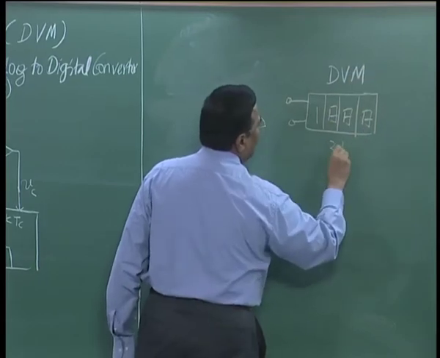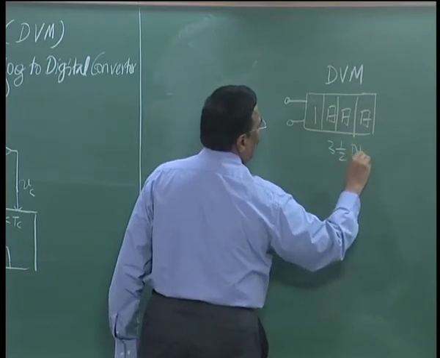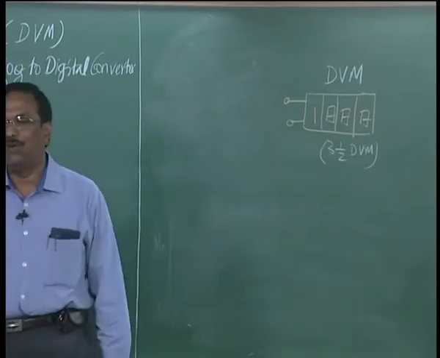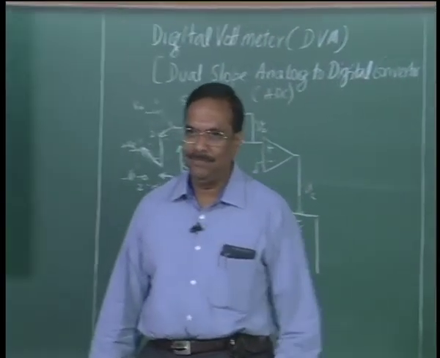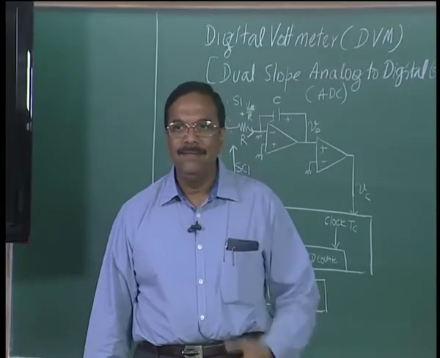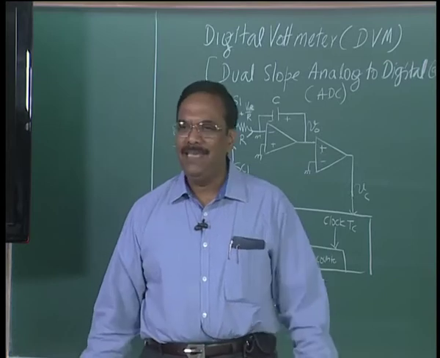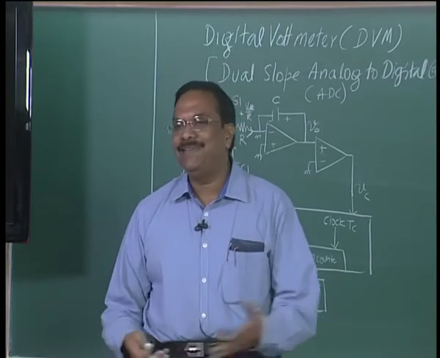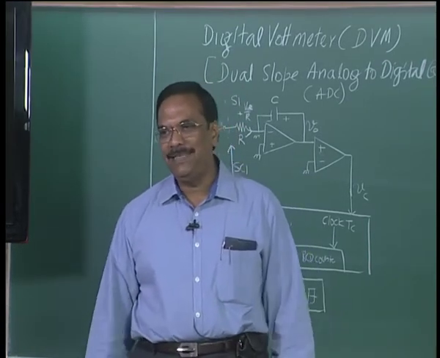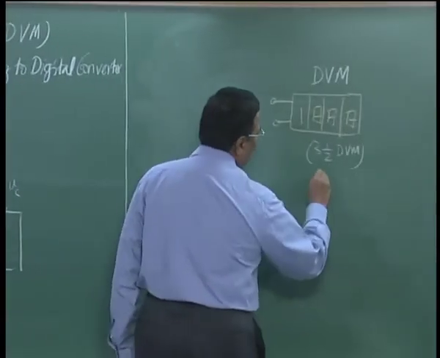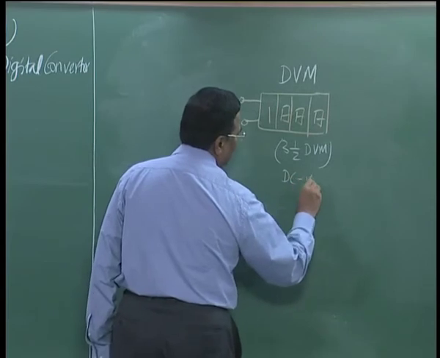We once again take a 3.5 digit DVM or 2000 counts full scale. This is something similar to our PMMC meter. PMMC meter is basically a DC ammeter, so a digital voltmeter is also a DC voltmeter.